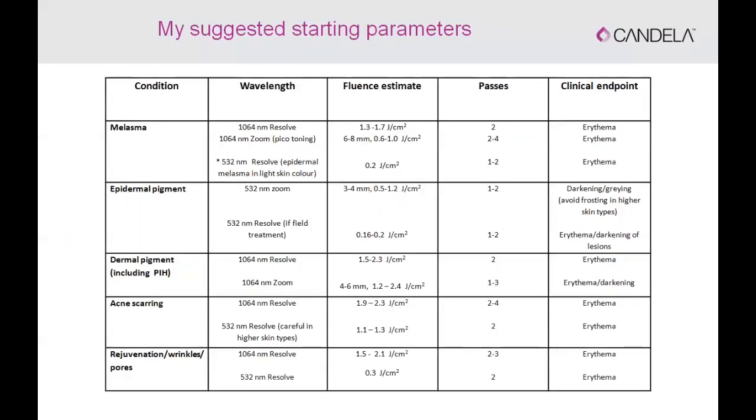And for the lighter skin type patients, we'll also use the 532 with higher fluences than I would normally use for melasma or for pigmentation. And for rejuvenation, similar thing. So I hope that this table gives you an insight into how I approach the settings with the PicoWay, but feel free to submit a question at the end if anything is unclear.